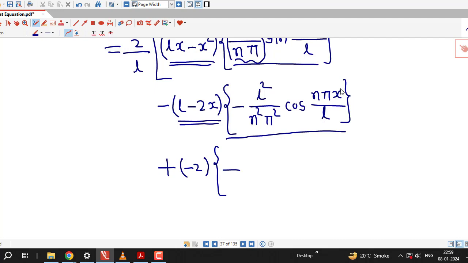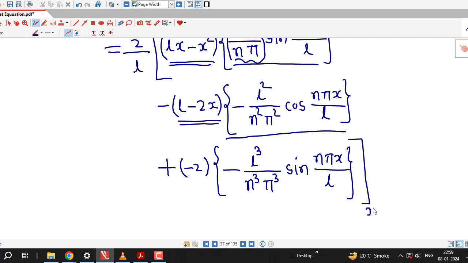I have to divide by n pi over L, and if I rewrite, I will have L over n pi multiplied with this, so that will be L cube divided by n cube times pi cube into sin of n pi x divided by L.